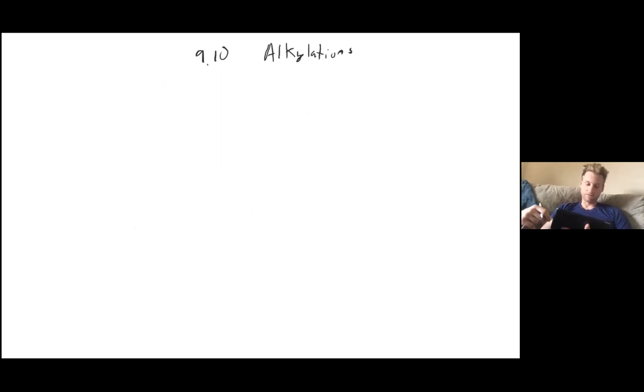All right, so moving on to 9.10, which is alkylations. This is going to be a powerful reaction because up to this point, you guys haven't learned how to make any carbon-carbon bonds. So if we want to do that, and it looks like we'll have a little bit of time to talk through some synthesis today, if we were to take something like this alkyne, which is terminal, we have an H on the end.